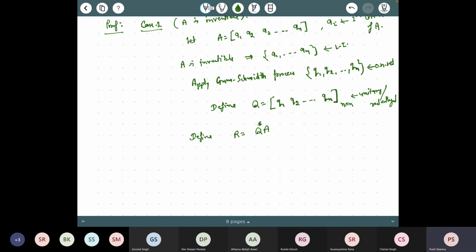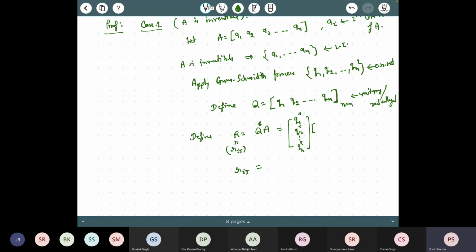Now if I denote the entries of R as Rij, can you tell me what would be the ijth entry of R? You can write Q as Q1, Q2, up to Qn, so Q star would be Q1 star, Q2 star, and so on up to Qn star.